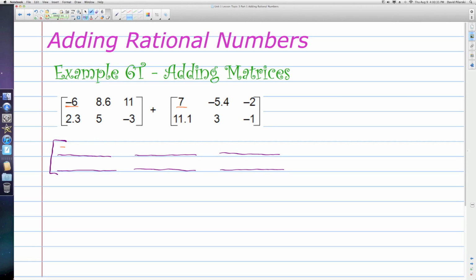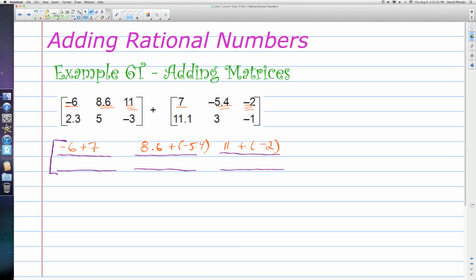Negative 6 plus 7. The second part of that, I'm going to add 8.6 to negative 5.4. And finally, I'm going to add 11 to negative 2. And that's my first row of answers.